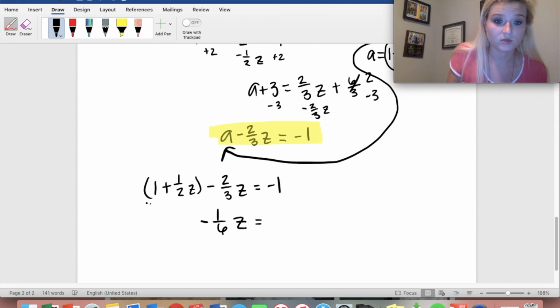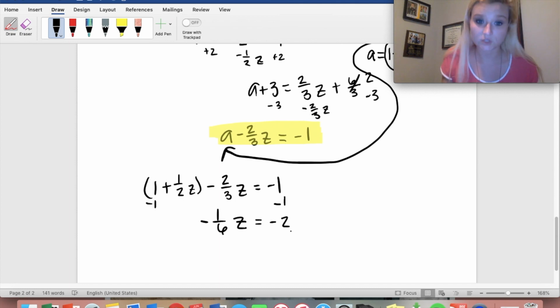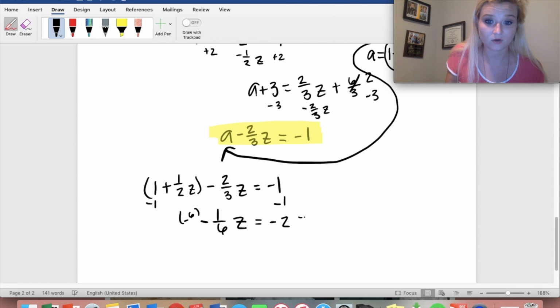And then we're also going to subtract this 1 to combine it with this -1. So that -1/6 z is going to be equal to -2. Now to get rid of this fraction and just get z by itself, we're going to multiply by the reciprocal. So that's just going to be -6 on both sides. It cancels out here, and that tells us that z equals 12.